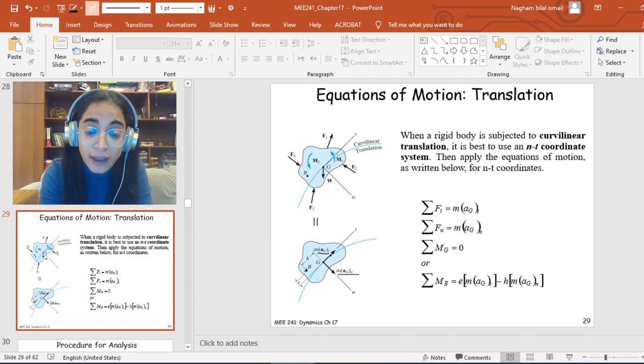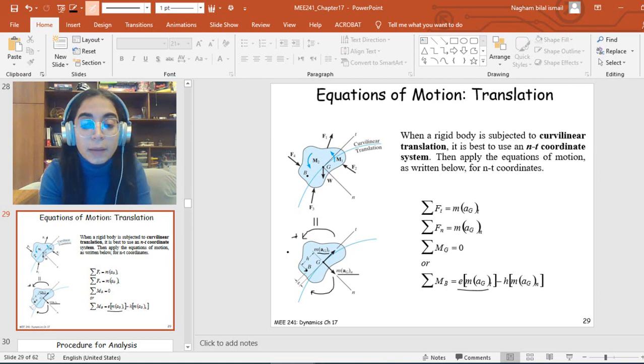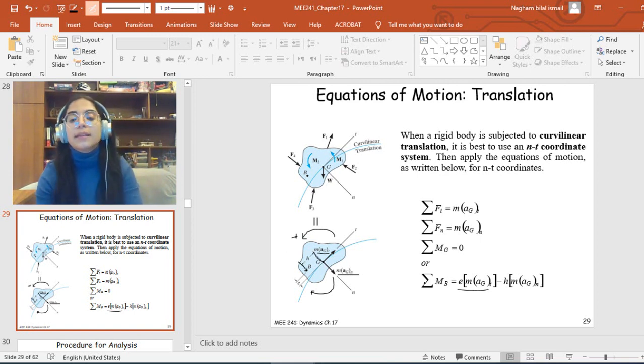Now, if I take this as the positive direction, then m a_Gt will do a positive rotation around B, and it is equal to m a_Gt times e, the distance from m a_Gt to B, which is e. However, m a_Gn will do a negative moment, in the opposite direction to the positive moment, and the distance between m a_Gn and B is h, which means sum of M_B is equal to e m a_Gt minus h m a_Gn.